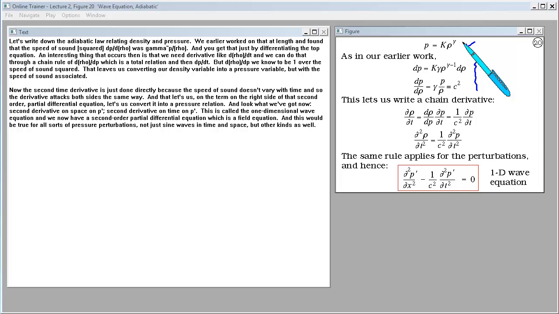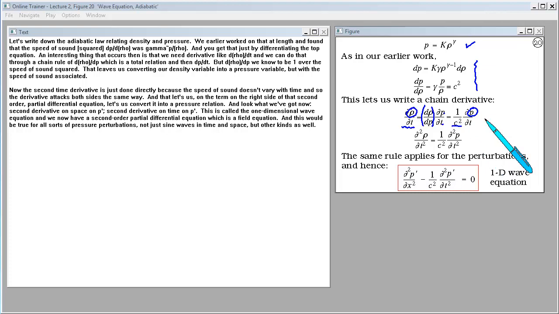We need derivatives like d rho dt, and we can do that through a chain rule of d rho dp, which is a total relation, and then dp dt. But d rho dp we know to be 1 over the speed of sound squared.